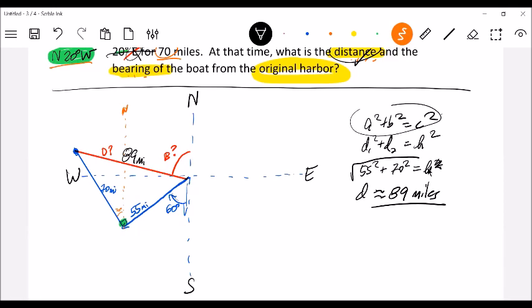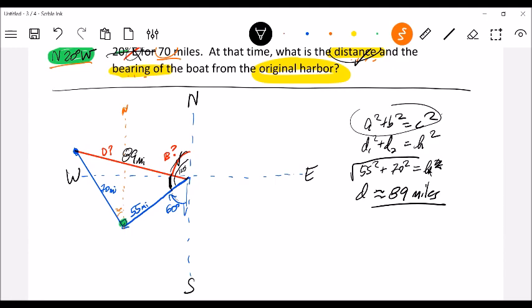So that means this entire amount here would be 120. In order to get this amount, we need to know this other amount and subtract it from the 120. So we need this amount here.